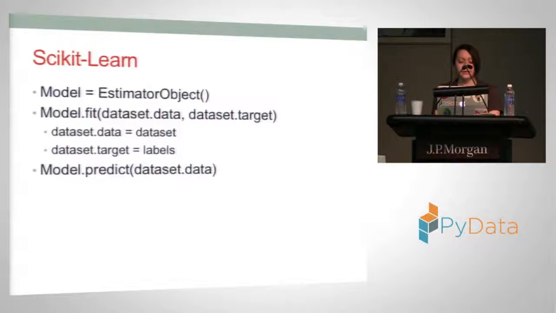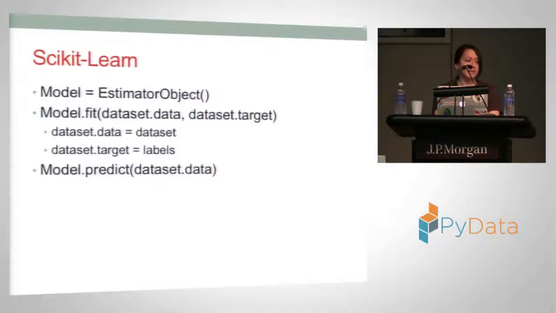So the fit function will take in the data set as a parameter and then the labels of that data set as another parameter. So if we're working with a supervised model, it'll learn the relationship between the data set and its labels. And if it's unsupervised, it will look through the data set for patterns without the labels and will extract them.